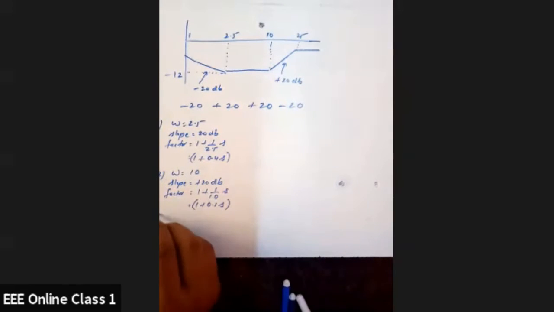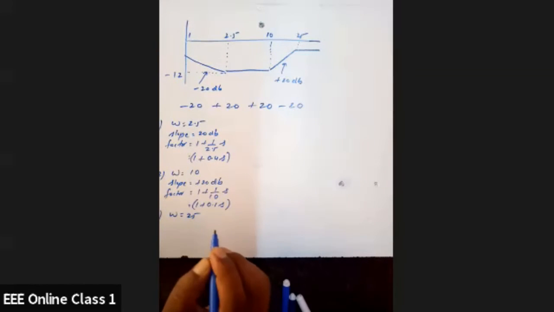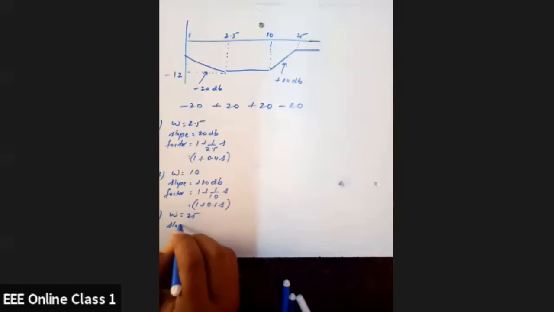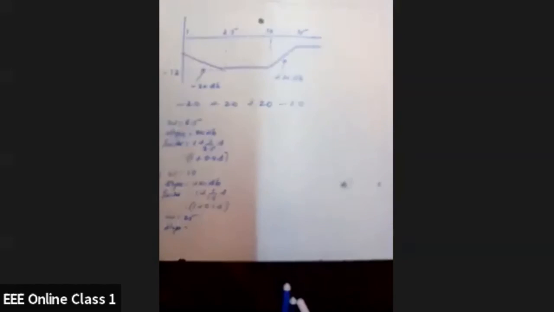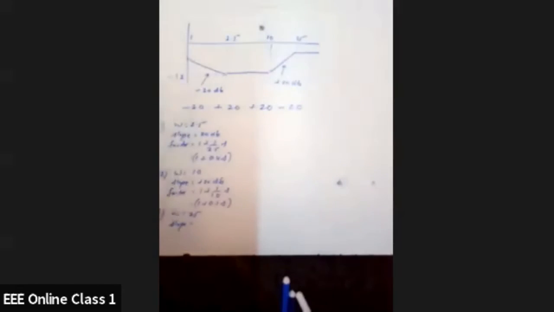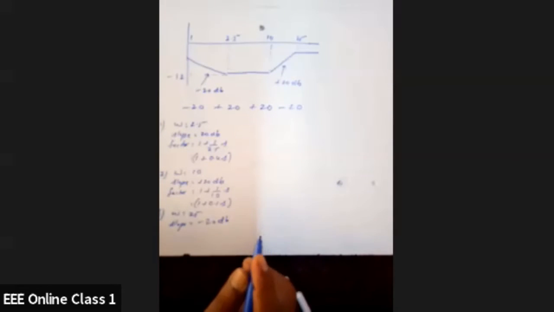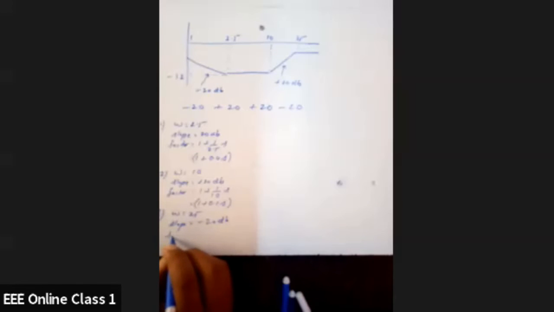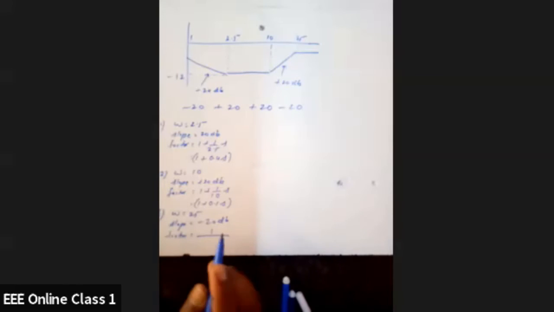Now third, omega is 25 and the slope is minus 20 dB. So what is the factor? Because it is minus 20, the factor equals 1 divided by 1 plus 1 by 25 s.